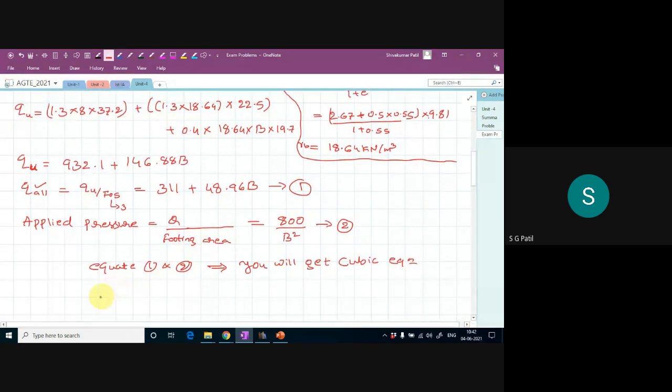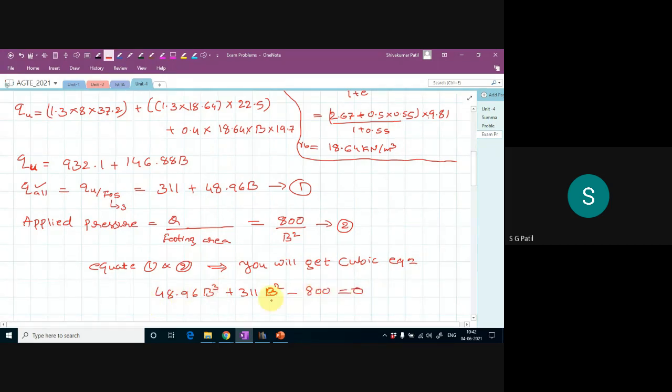You will get a cubic equation of the form 48.96 B cube plus 311 B square minus 800 equal to 0.